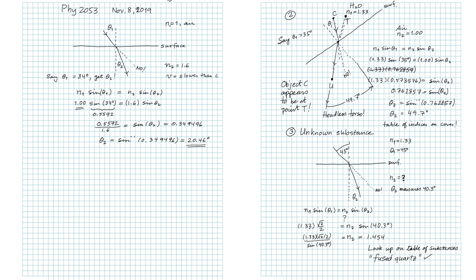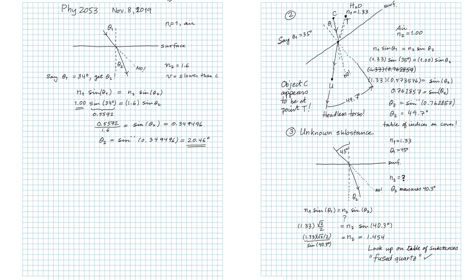The way that you set this up is using Snell's law. So N1 sine theta 1, that's the stuff on top, equals N2 times the sine of theta 2. Now N1 is 1.00, and over here I have the sine of 34 degrees.